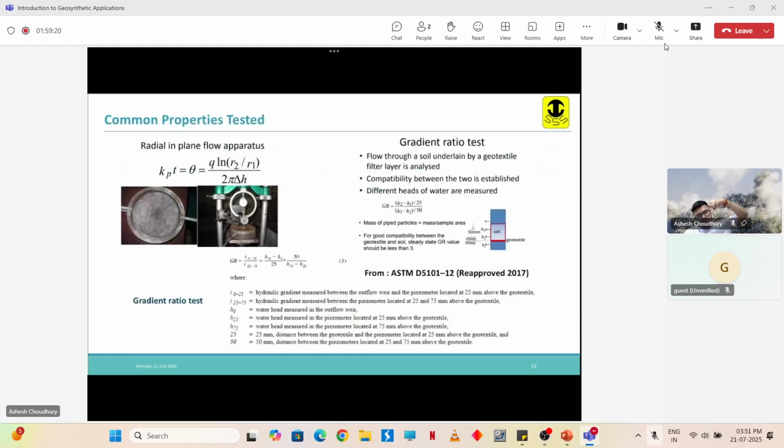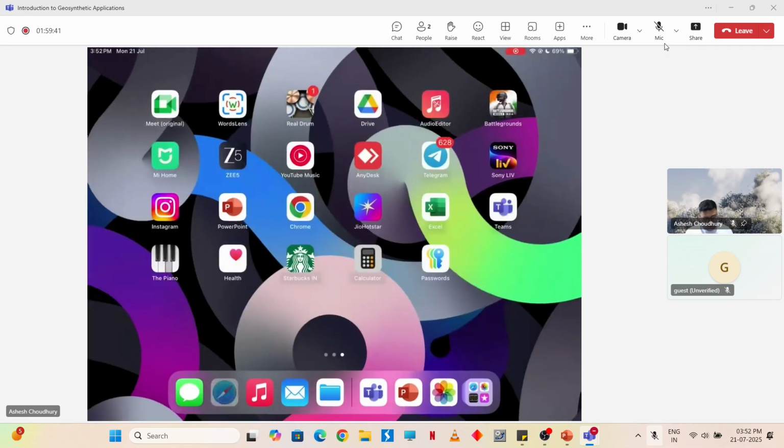To measure the in plane flow, we use this method. This is a radial in plane flow apparatus. For that, this is the relation to find the transmissivity.